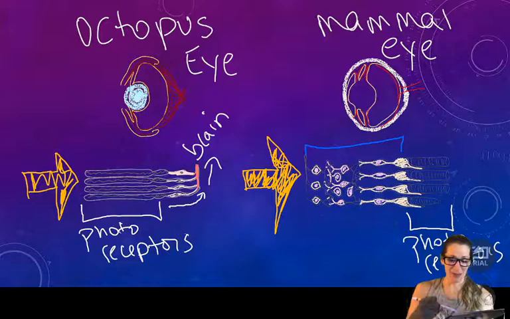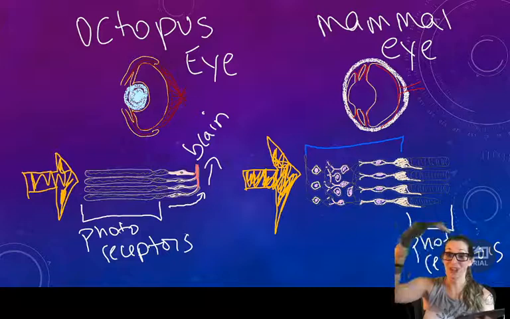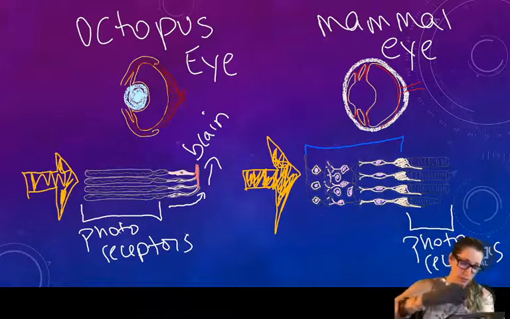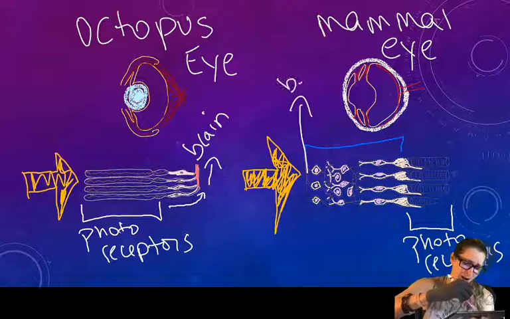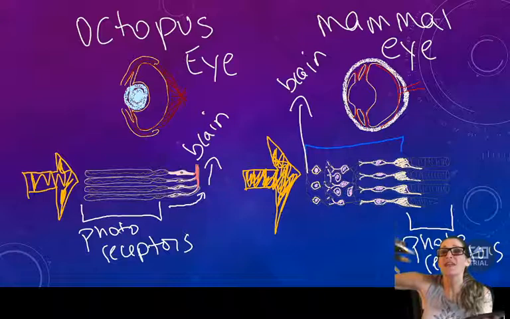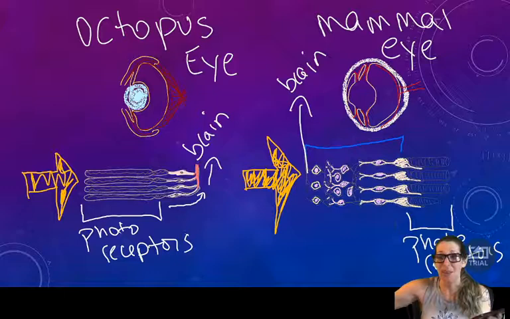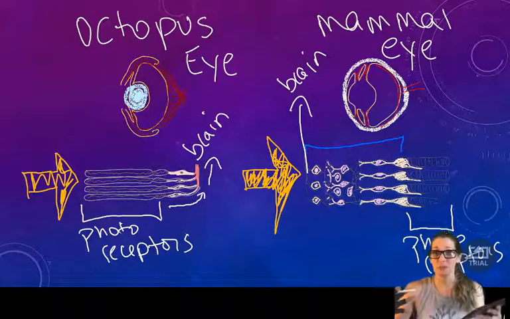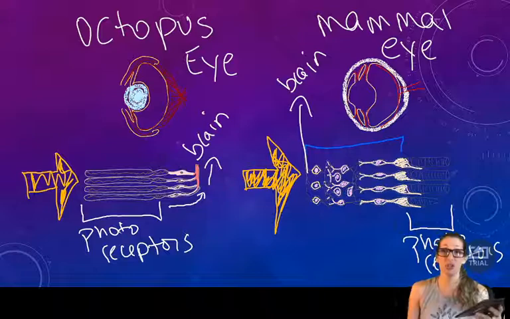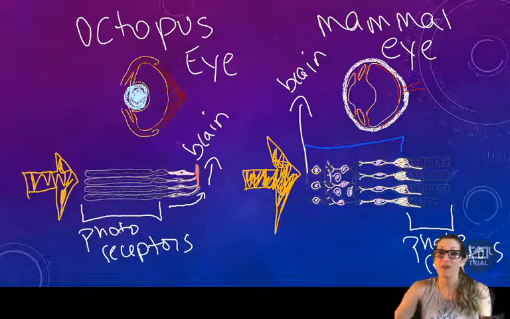Light has to pass through all of these cells, all of these specialized neurons that are carrying information, because where it goes to the brain is from the front of the retina, in front of the photoreceptors. Doesn't really make sense, right? Well, this is an example of convergent evolution. Our eyes are functionally quite similar, but microevolution had different things to work with to come to that convergent solution.